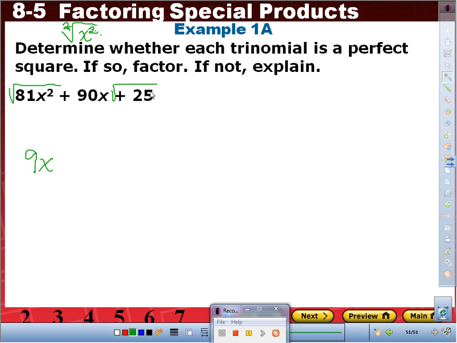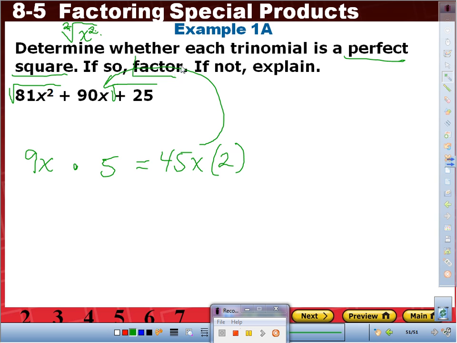What is the square root of the last? 5. So the pattern says square root of the first, square root of the last, then we multiply them. What is 9x times 5? 45x, and at the end we do what? Times 2. Did we get 90x? Yes, then this is a perfect square. If so, what do we do?